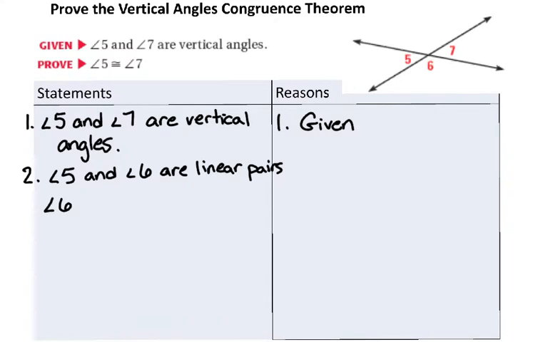See, angle 6 and angle 7 are linear pairs. So this second step used the definition of linear pair.